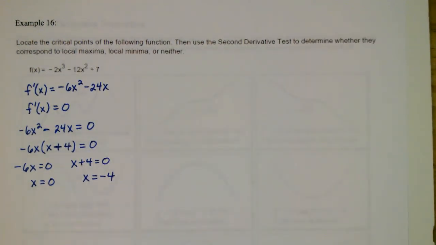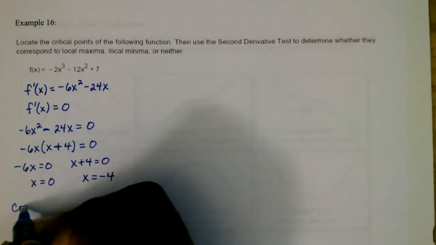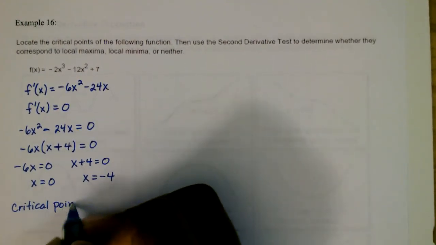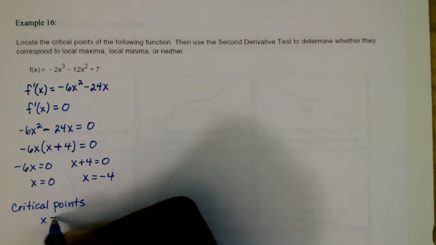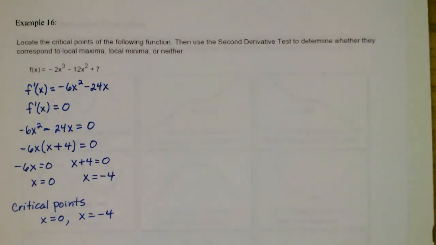So these are my two critical points here, or critical values, I should say. x equals 0 and x is equal to negative 4.